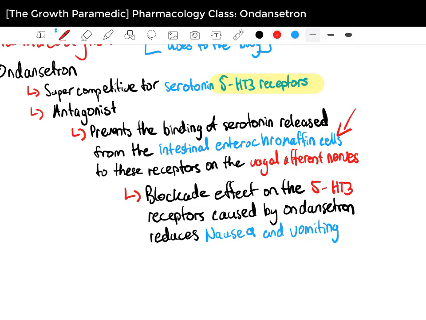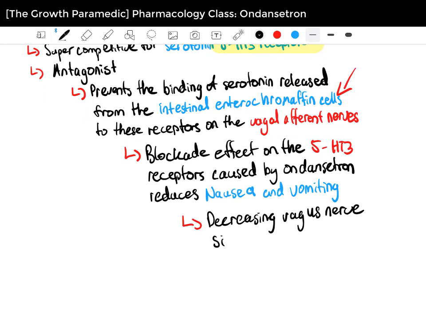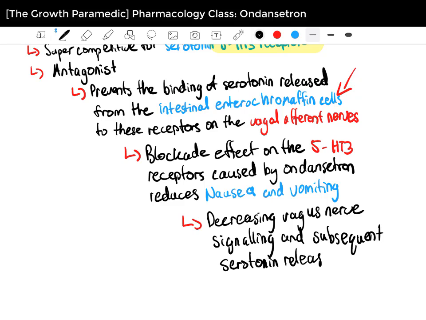And this is done by decreasing vagus nerve signaling and subsequent serotonin release in the brainstem.